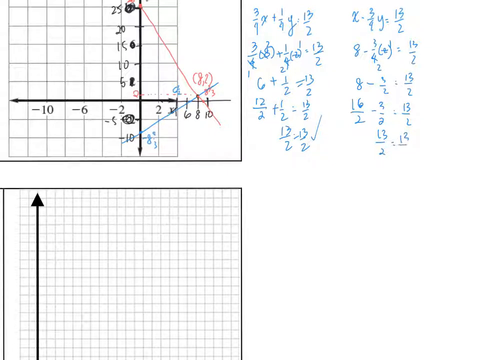And yes, since 8, 2 satisfies both equations, this will be the solution of the linear system. And this will be the check.